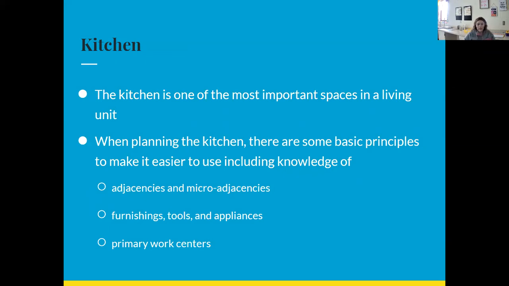So the kitchen is one of the biggest areas that even if people don't make their home completely universally designed, a lot of people will redo their kitchen or modify their kitchen to make it more accessible because again, people have to eat and this is a room that you cannot really avoid using.